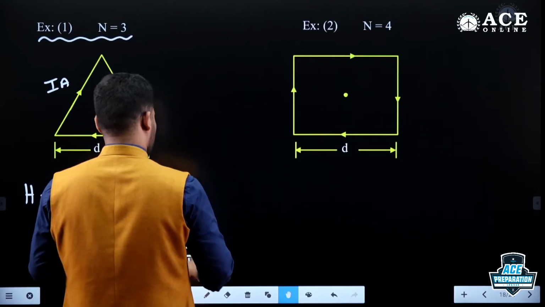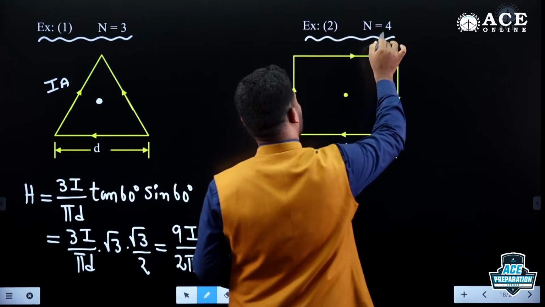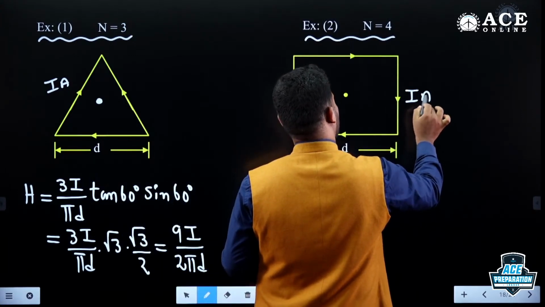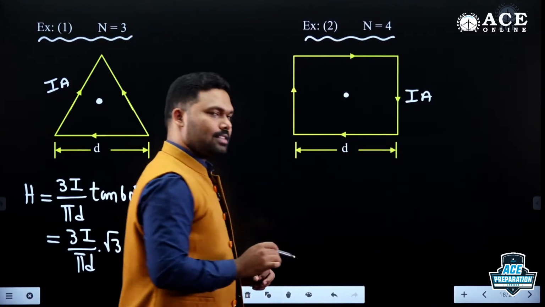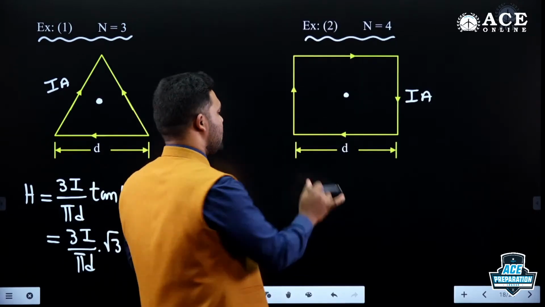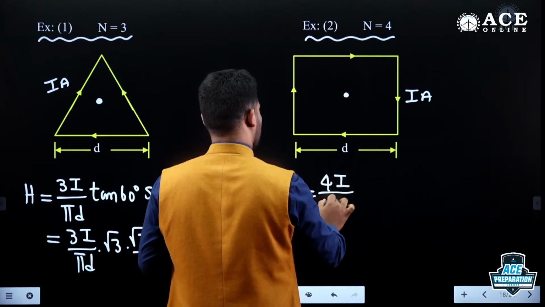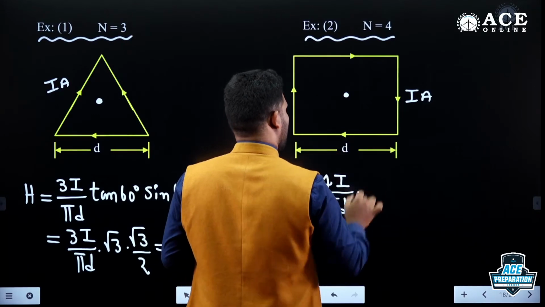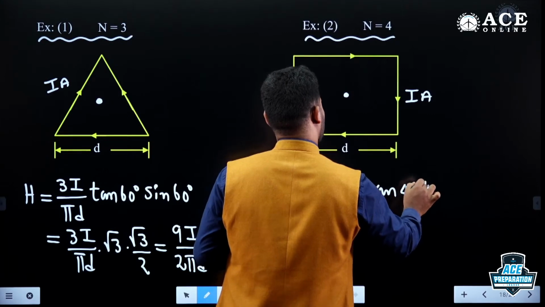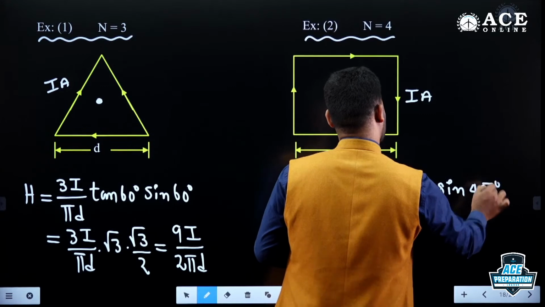Now let us take our own example, which I have taken as a question. Suppose the n value is 4 and the current flowing here is I amperes. What is the magnetic field at the center? You need not do section by section, it is a waste of time. Directly you can use this formula. What is it? 4I by pi d, tan 180 by 4, it is tan of 45 degrees, sine 180 by 4, sine of 45 degrees.